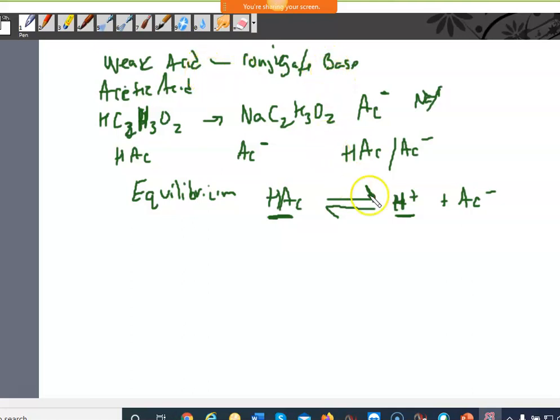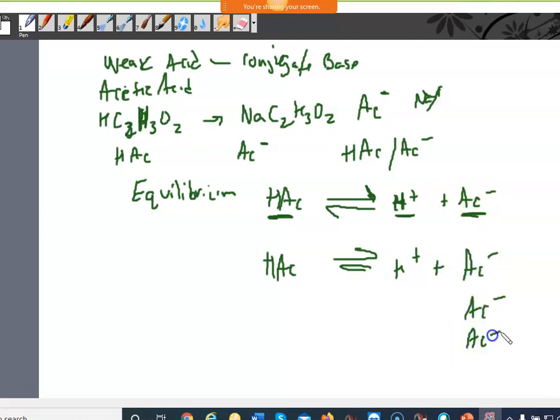Because what we actually do is, in a buffer, I add more of this in here. So a buffer is a mixture of the HAC plus H plus ions, plus a lot of these AC minus ions. I add more of this in there, AC minus. So imagine I've added a lot of this in here.